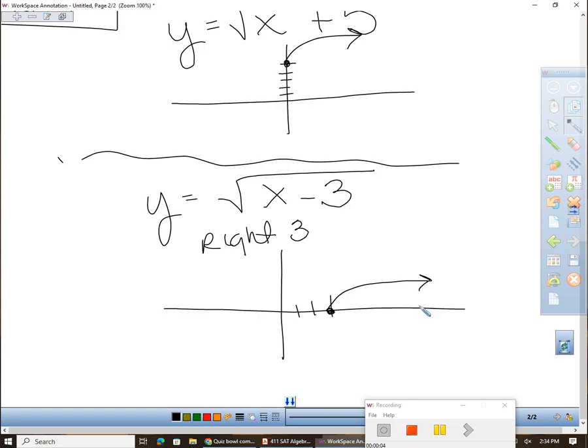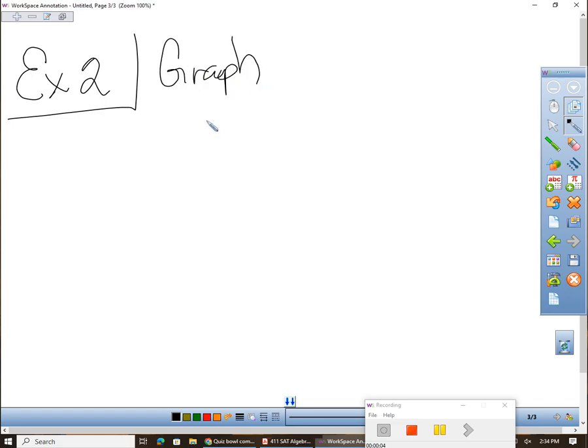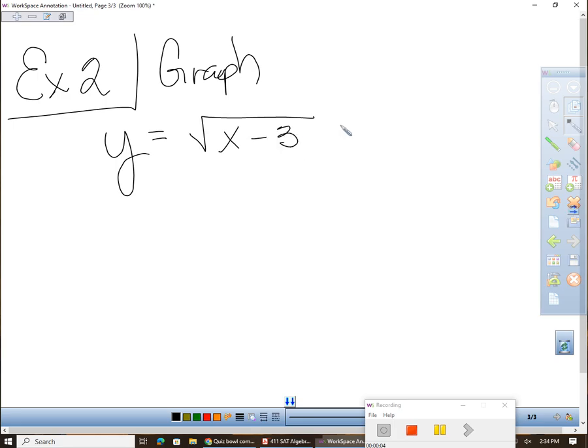All right, here we go with example number 2. Graph y equals the square root of x minus 3, minus 2. So first, let's describe what's happening.